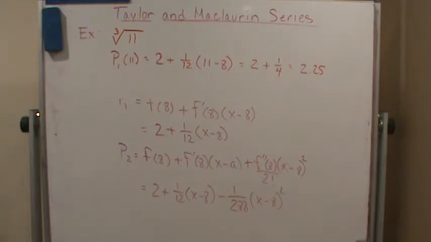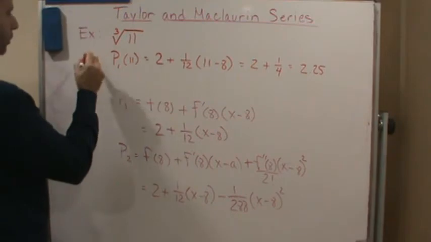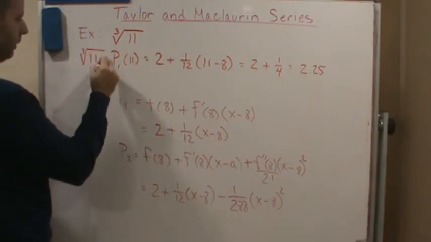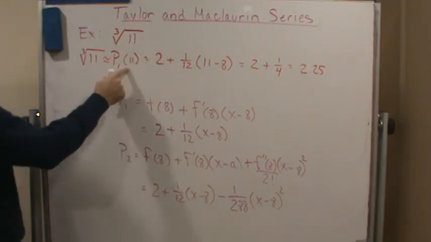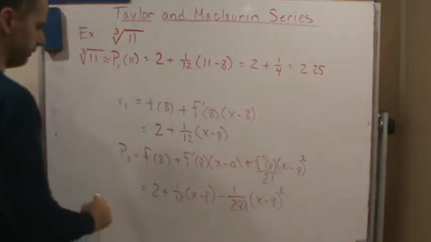So the cube root of 11, if we use this polynomial, is approximately equal to 2.25.